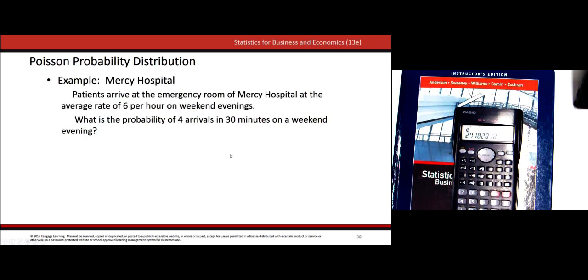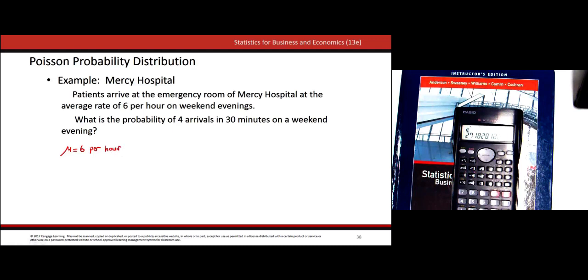This is a typical Poisson problem. Patients arrive at the emergency room of Mercy Hospital at the average rate of, so mu, 6 per hour.